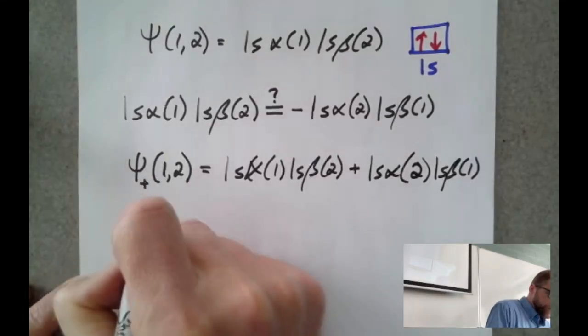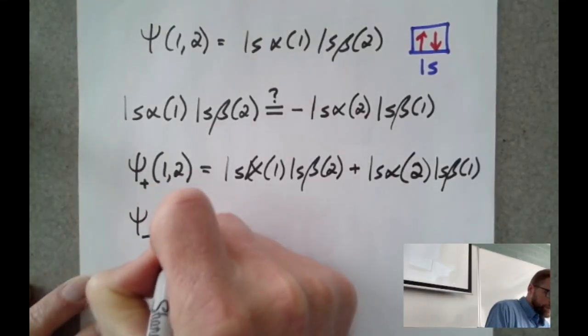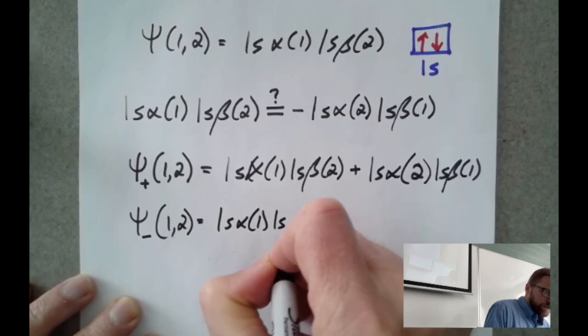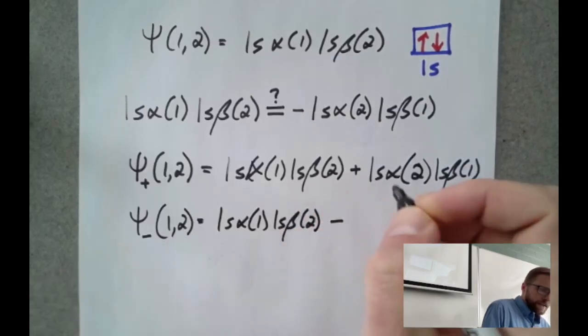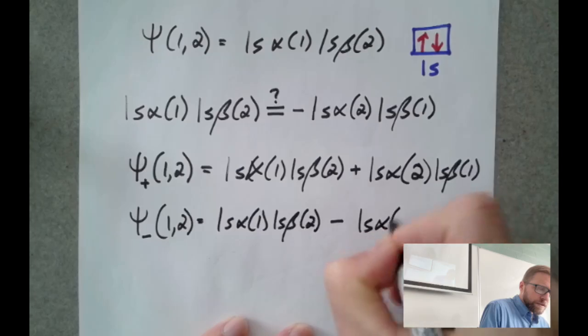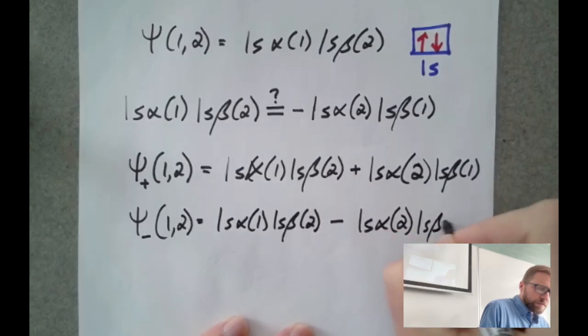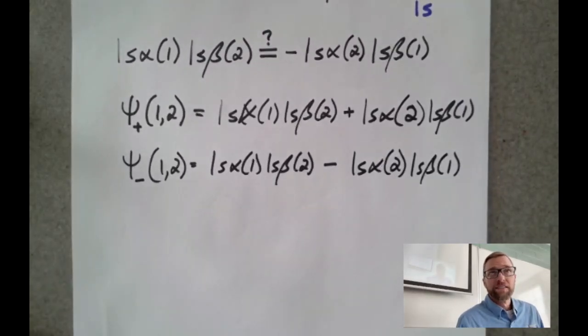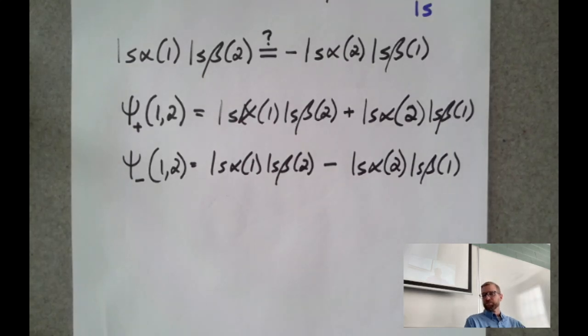And then option 2 is psi minus, which is 1s alpha(1), 1s beta(2), minus 1s alpha(2), 1s beta(1). Is one of these anti-symmetric? I will give you a hint. Psi plus is not anti-symmetric.